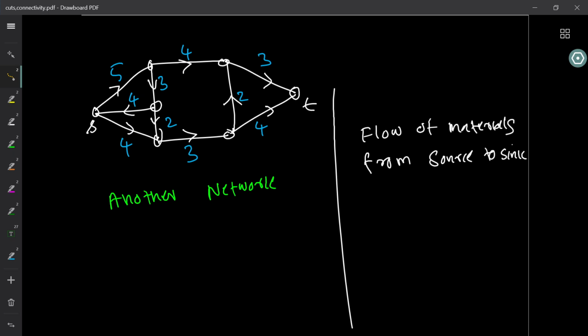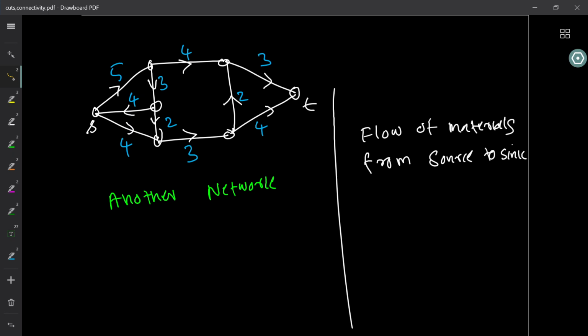So to do this, what we want to find is the maximum that we can actually send, through each of these edges, so that finally all these things will reach T. So for this, we define what is called a flow. A flow is basically a real valued function, bounded below by 0, because I cannot send anything less than 0, and bounded above by the capacity of each arc.